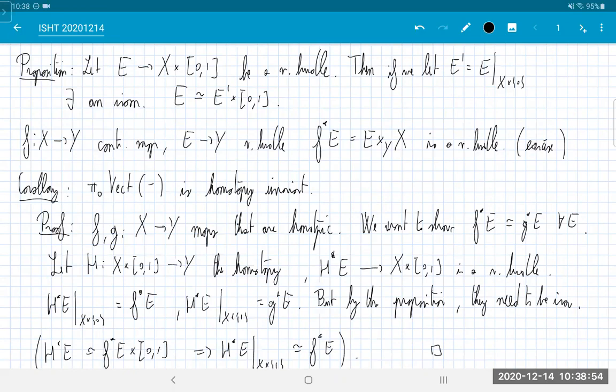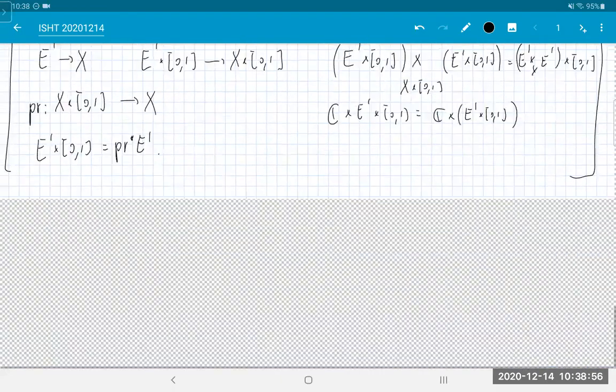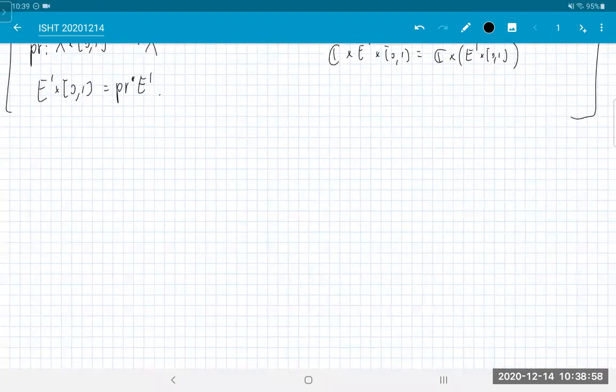So let me start the proof of this proposition. This is unfortunately rather technical. It goes in various steps. So remember, we have E to X times [0,1], a vector bundle. And the first step is that we can find trivializations that are big.